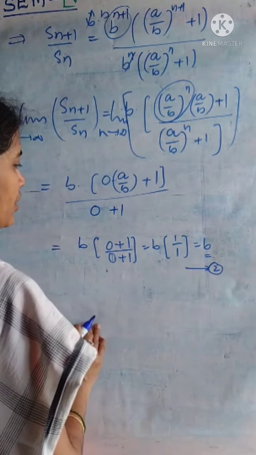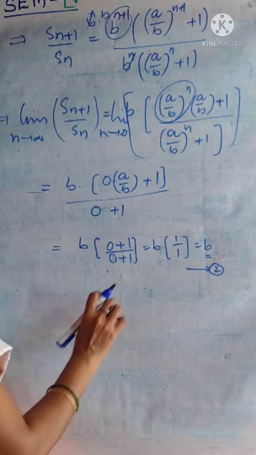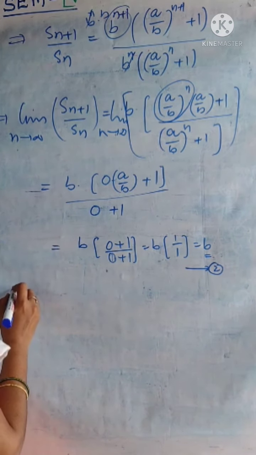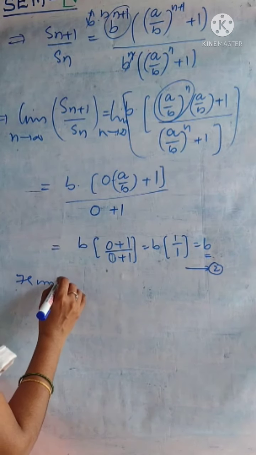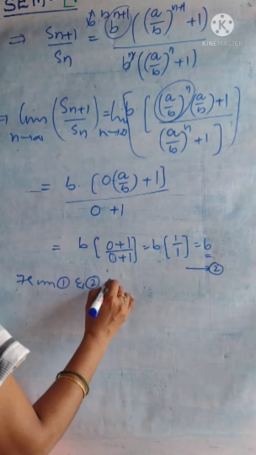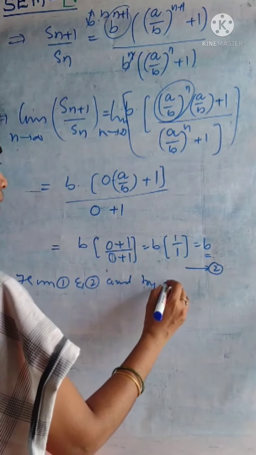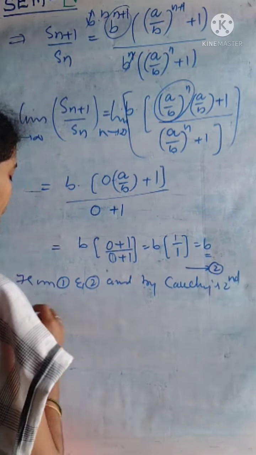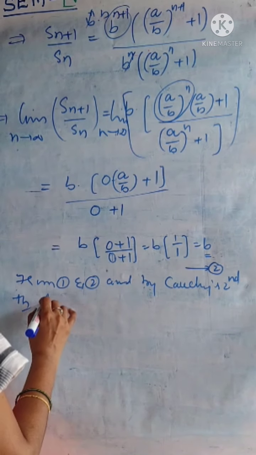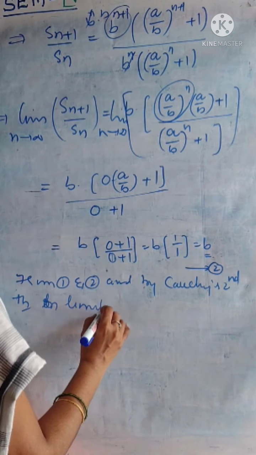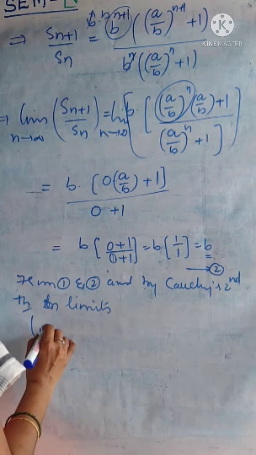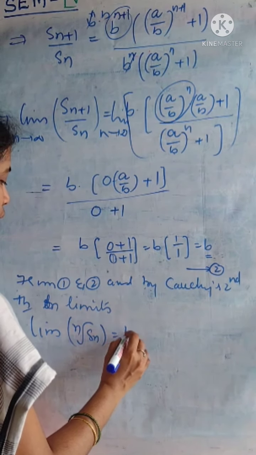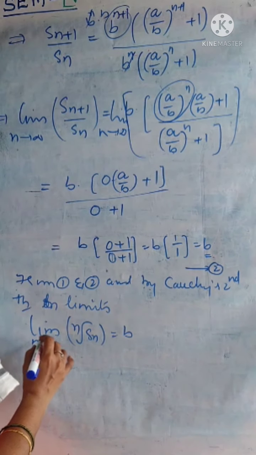From 1 we have the sequence having positive terms. From 2 it has ratio limit b. From 1 and 2, by Cauchy's second theorem on limits, what happens? The limit of the nth root of Sn is also b when n tends to infinity.